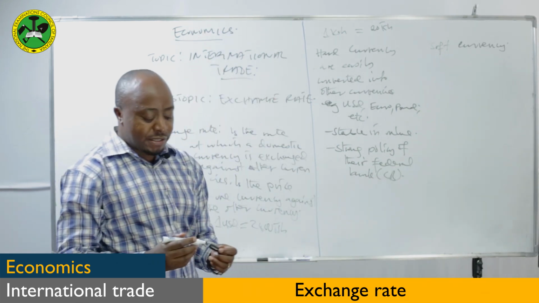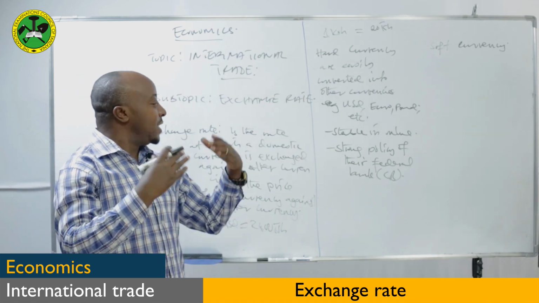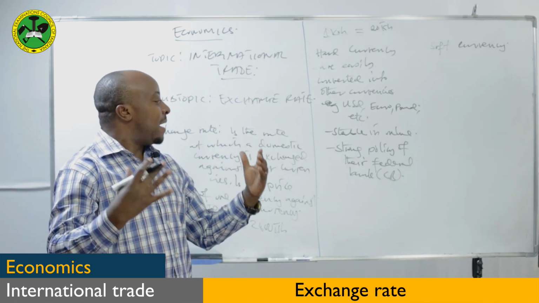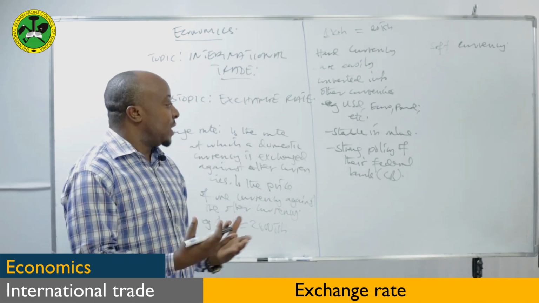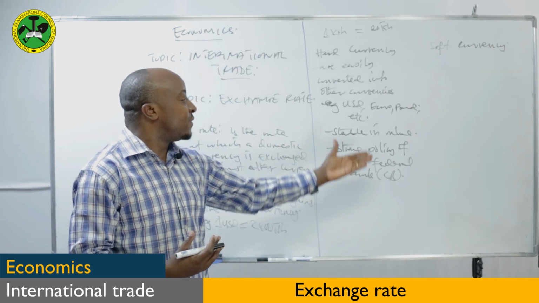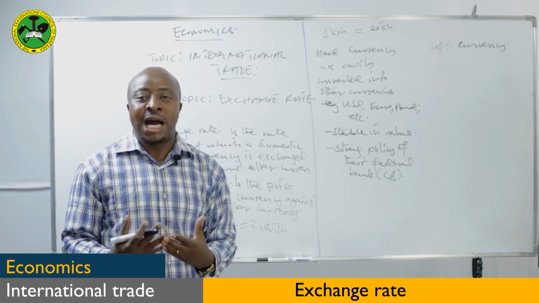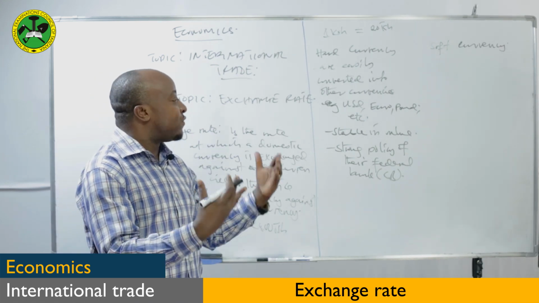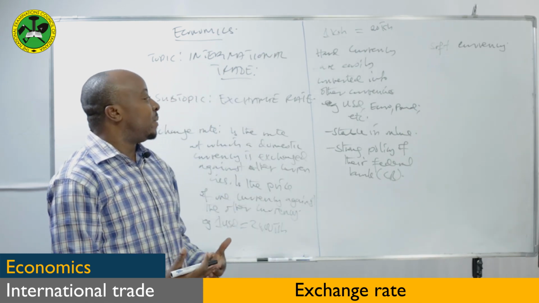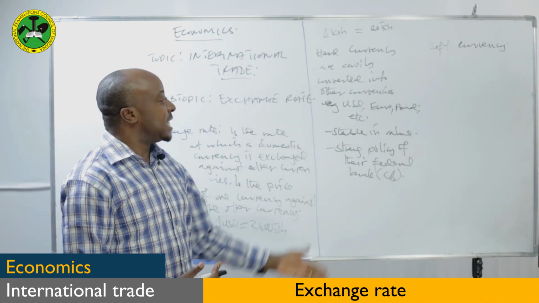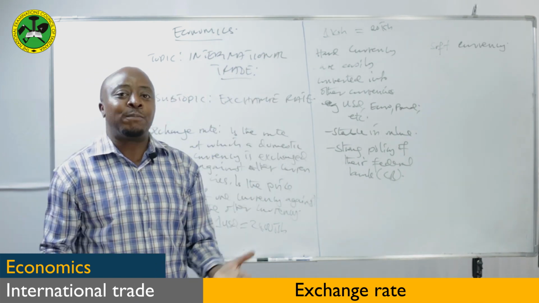So these currencies are hard and useful because they are produced under a very strong federal policy. That means the central bank of the countries which produce these hard currencies has a very strong policy, and this policy maintains the value of their currency for a longer time against other currencies. And this is when we speak of hard currency. In international trade, hard currencies can be converted easily from one form to another.